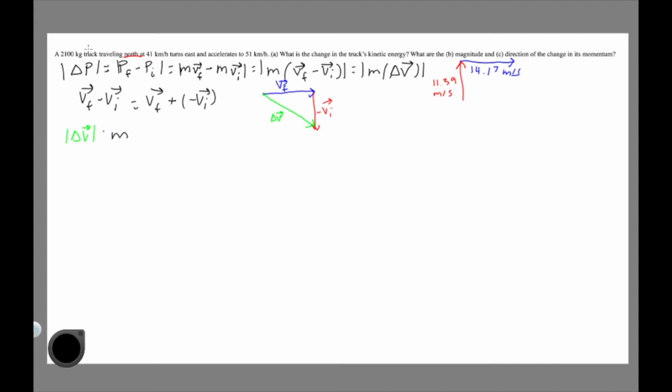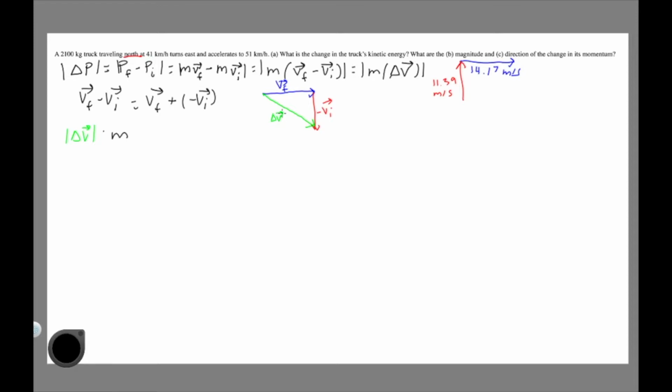Likewise, the direction that this vector, delta V, is pointing is going to give us the direction of the change in momentum, right? Because delta V tells us which way the change in momentum is happening.